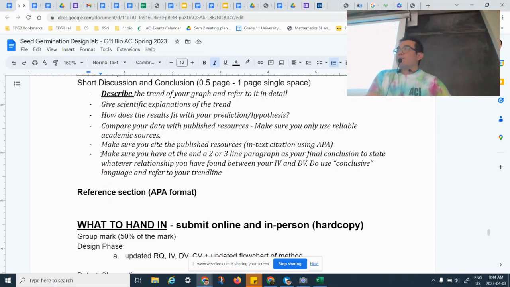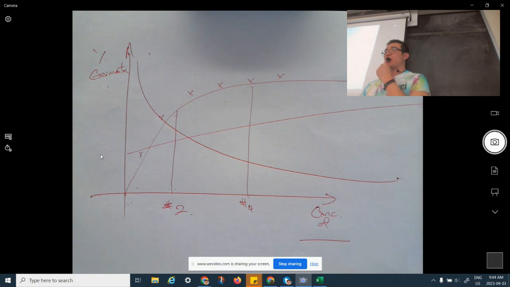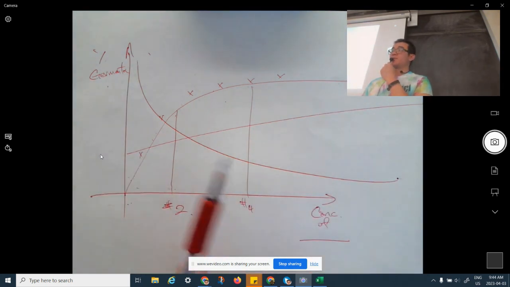Any questions so far? In grade 11, I'm not going to ask you to explain why you think your result is like this and the published result is like that, especially for this lab. But I just want you to be able to explain your graph and compare with other things. Are you guys good?